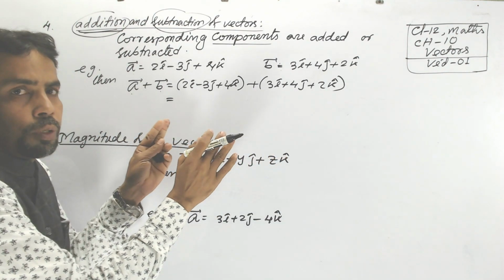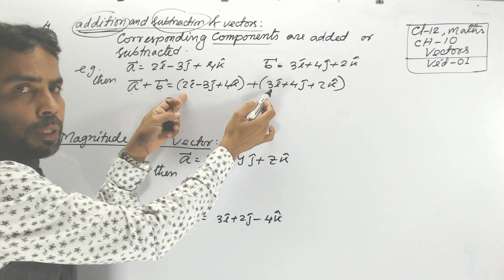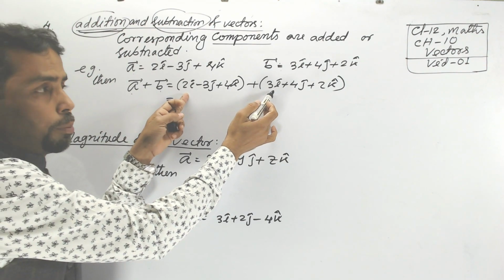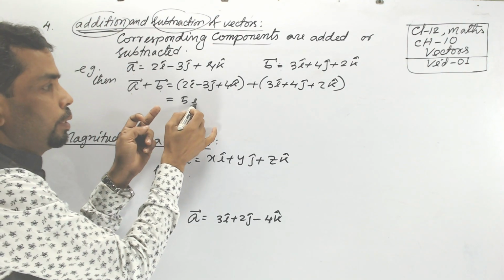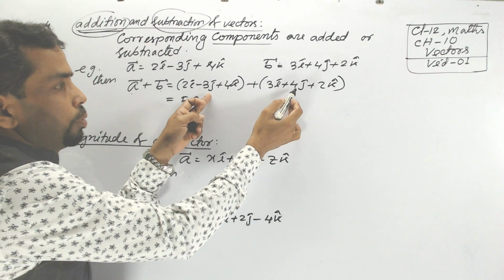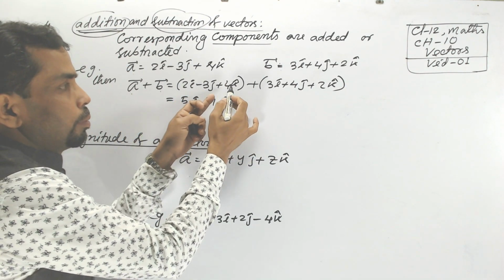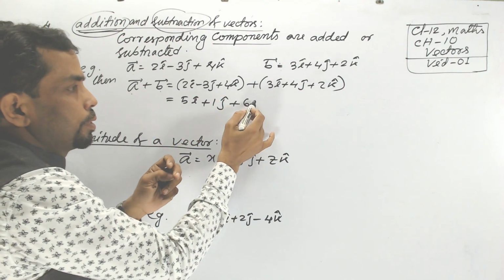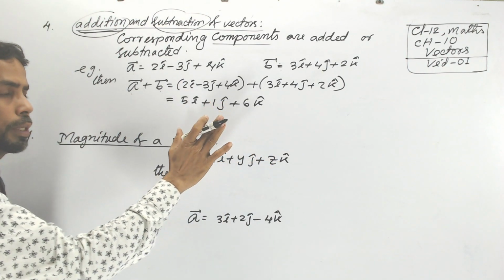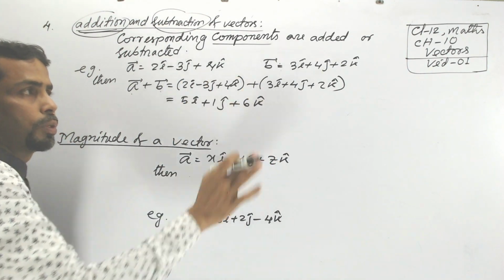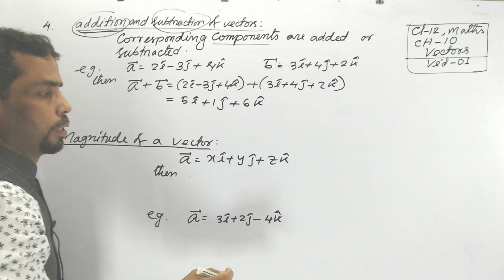Now corresponding components, i and i, will be combined together, maybe added, maybe subtracted. It depends on the sign. Here 2i plus 3i, 2 plus 3 is 5i. And minus 3j plus 4j is plus 1j. Plus 4 plus 2 is plus 6k. So this is how we add or subtract vectors. Corresponding elements may be added, may be subtracted. It depends on the sign of the components.